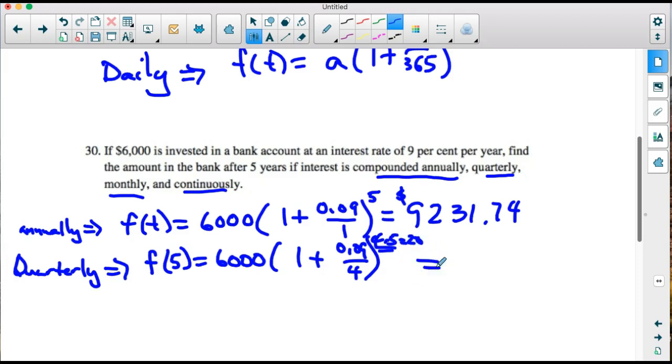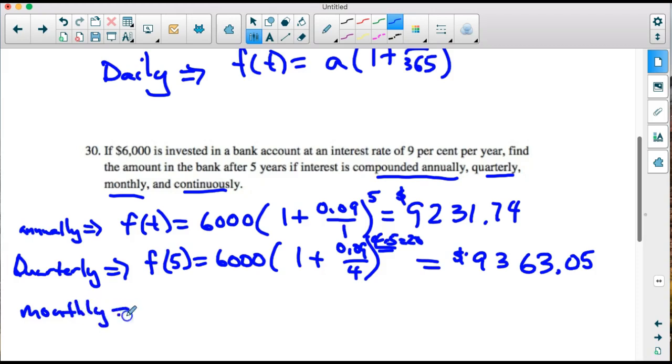Type that into our calculator. We get $9,363.05.